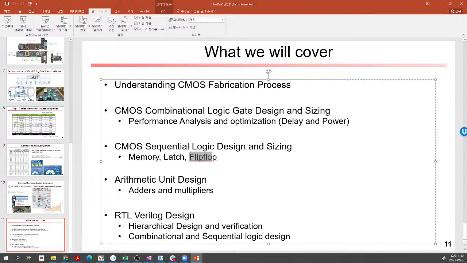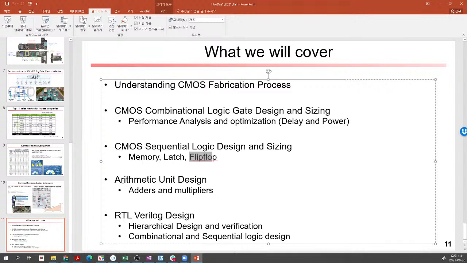Using that memory value and the current input value, the current output is evaluated. So the combinational logic output depends only on the current input, but the sequential logic output depends on the current input and the previous history.